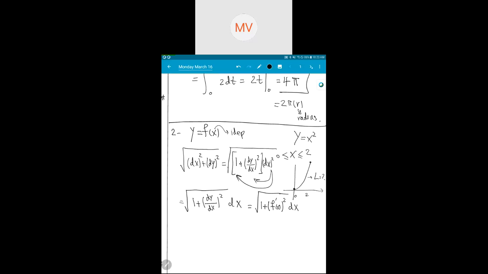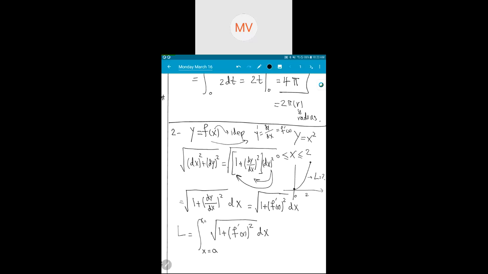So again, for this function, y prime, which sometimes we call dy over dx, is nothing but f prime of x, right? So in this case, the length simply becomes the integral of the square root of 1 plus f prime of x squared dx, and then your limits are almost the same.